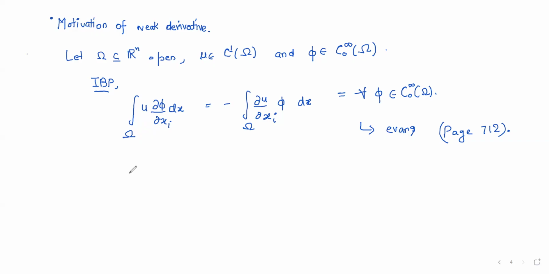So let alpha be alpha 1, alpha 2, and so on. I say this is a multi-index, and I use the convention that 0 also belongs to N.